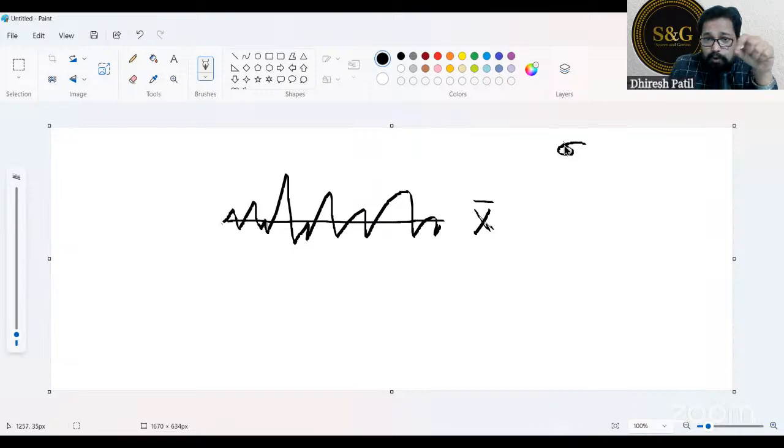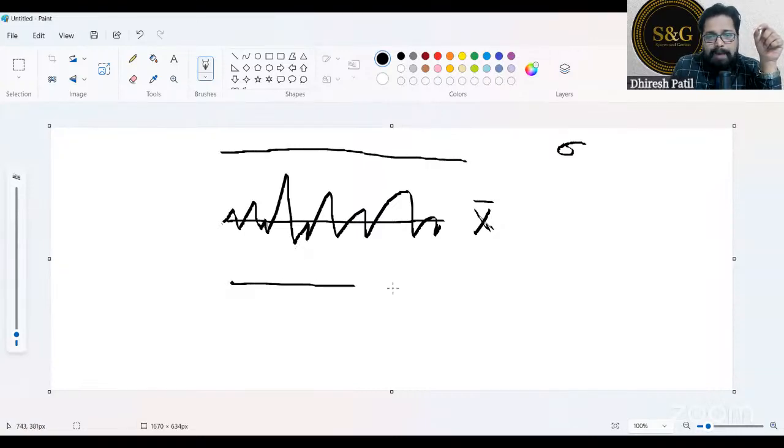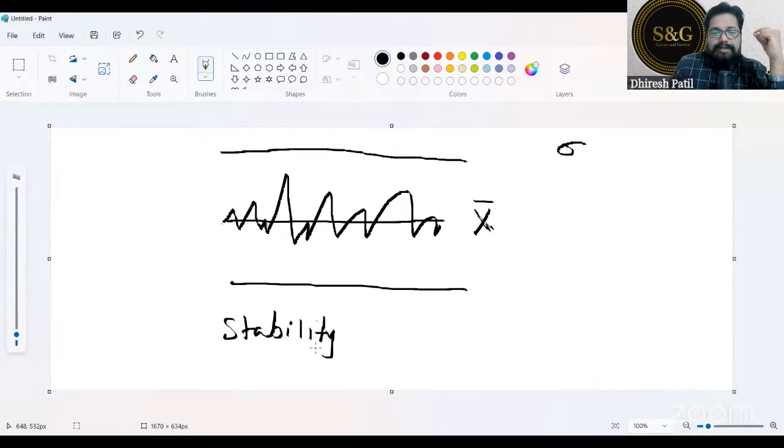Okay. Now, according to Walter Shewhart, any process which runs between +3 and -3 standard deviation is said to be a stable process. It is called a stability check. What does it mean?